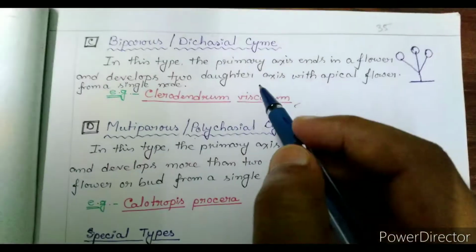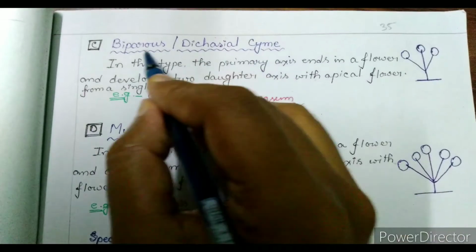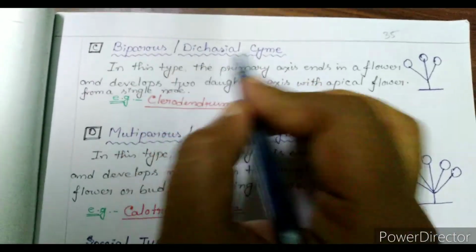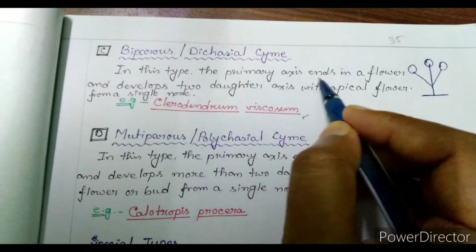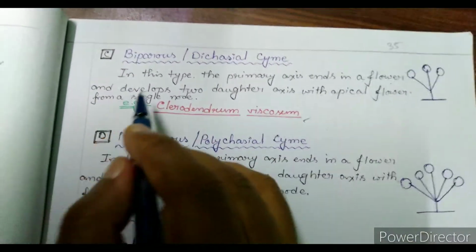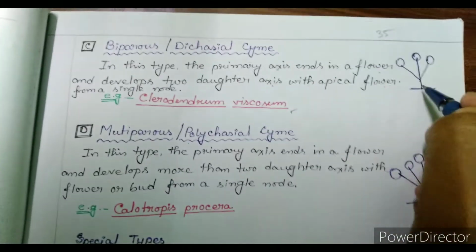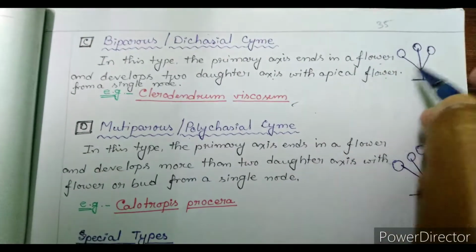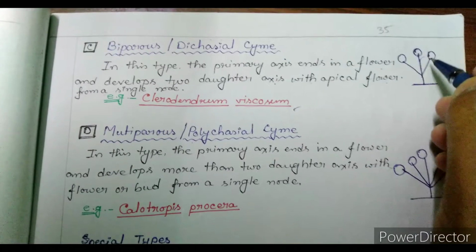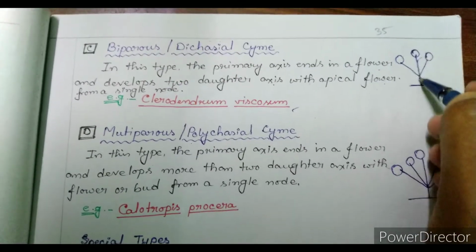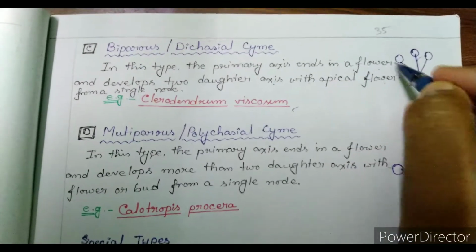Now we have already discussed monochasial or uniparous cyme. Here we discuss biparous or dichasial cyme. In this type, the primary axis ends in a flower and develops two daughter axes with apical flowers. The inflorescence looks like this: this is the mother axis, and the mother axis bears two daughter axes, and each daughter axis ends with an apical flower.